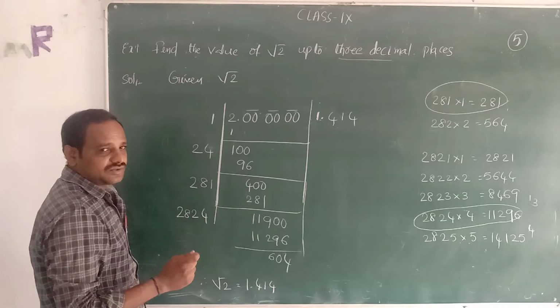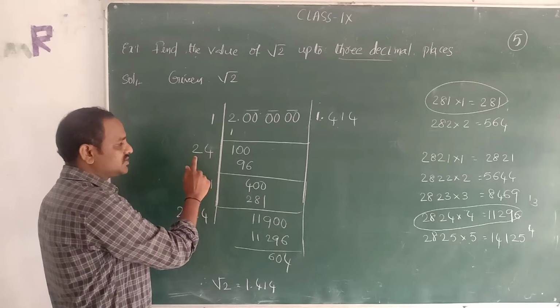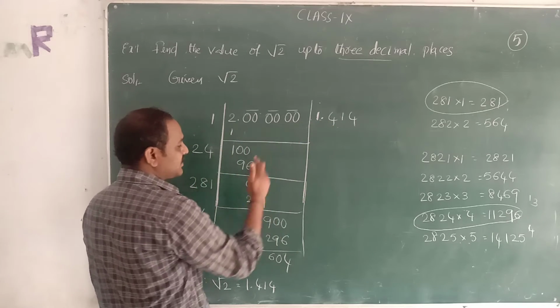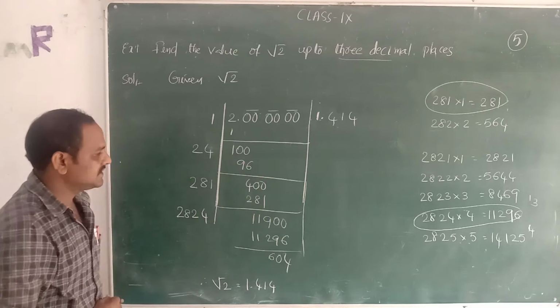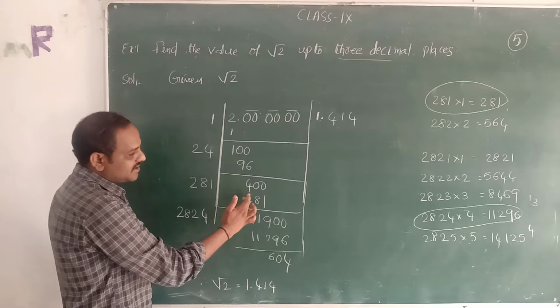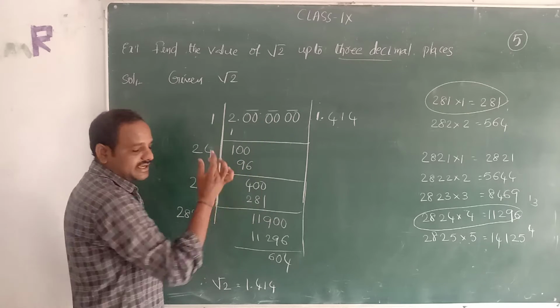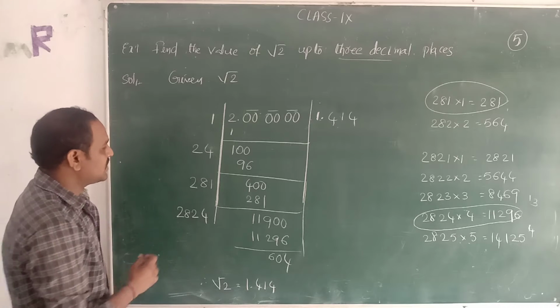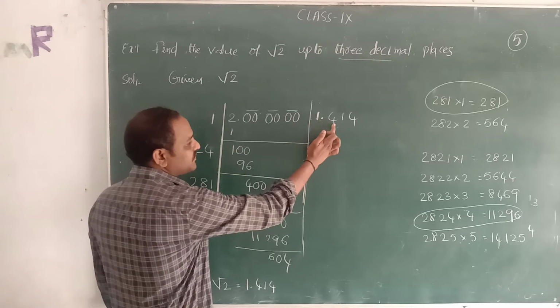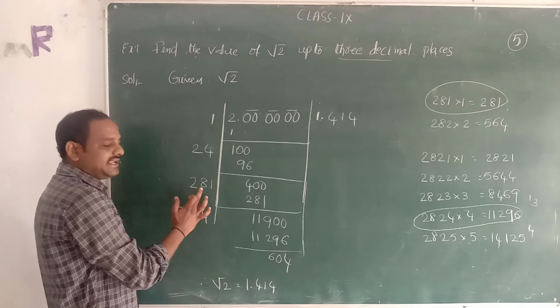Now we take 21 ones are 21, 22 twos are 44, and like that we have to go up to 4. So 24 times 4 we got 96. Then the remainder we got is 4. Again we took the second pair of zeros. Now 24 plus 4, how much do we get? 28.